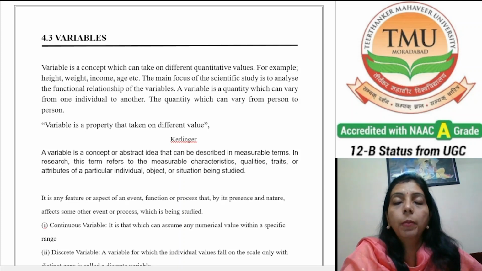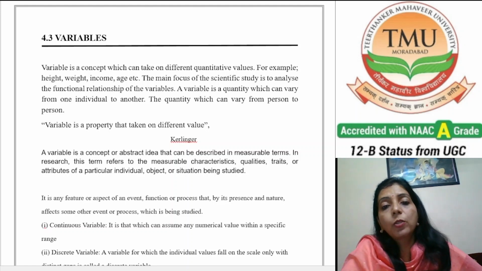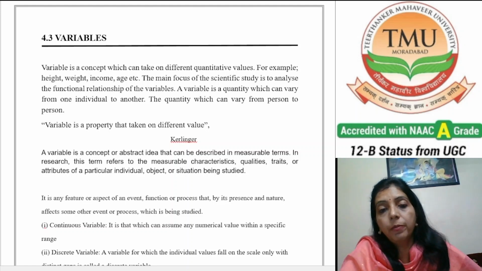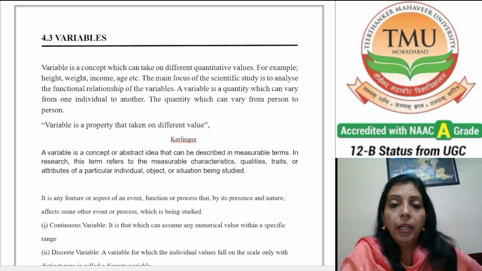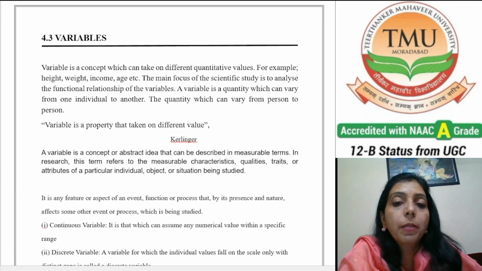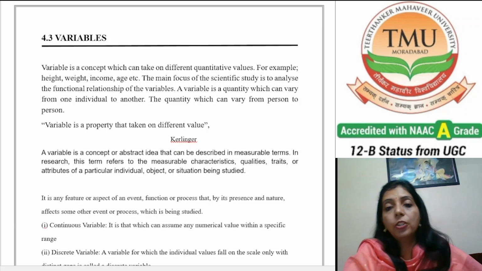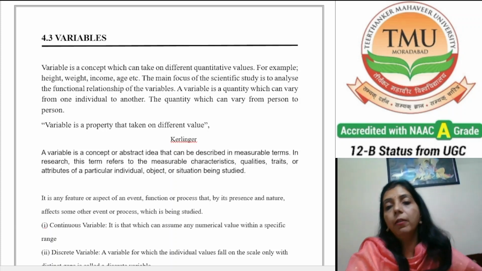A comparative study of the professional attitudes of secondary school teachers by gender. What will be the independent variable? Definitely, obviously, the gender of the teacher, which is male and female.